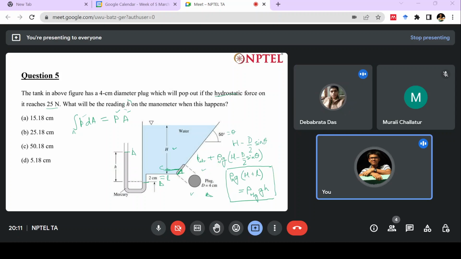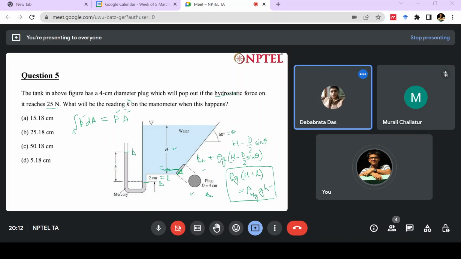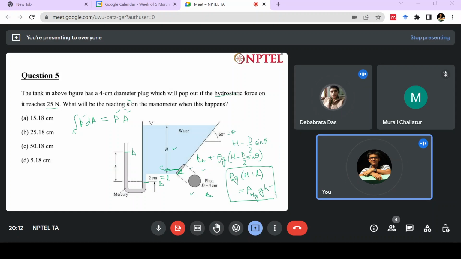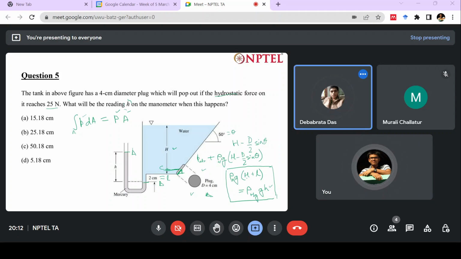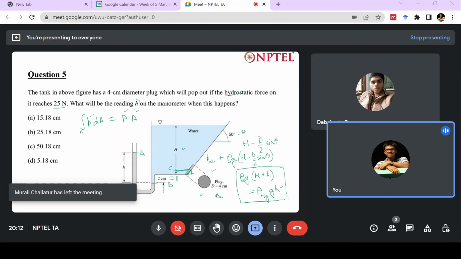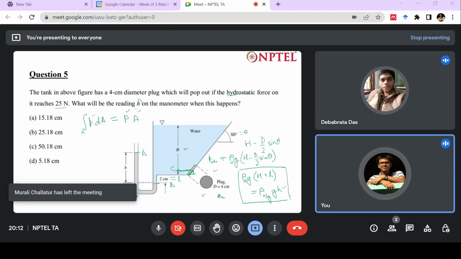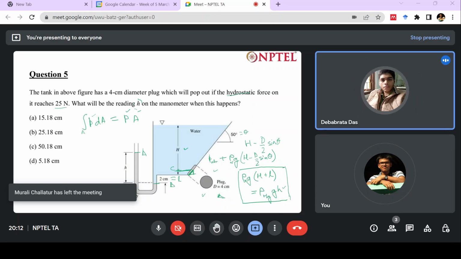Because we have to find small h, we must have some way to relate it to capital H, since whatever force we calculate on this plug will be related to capital H. So now we will focus on calculating the force on this plug.